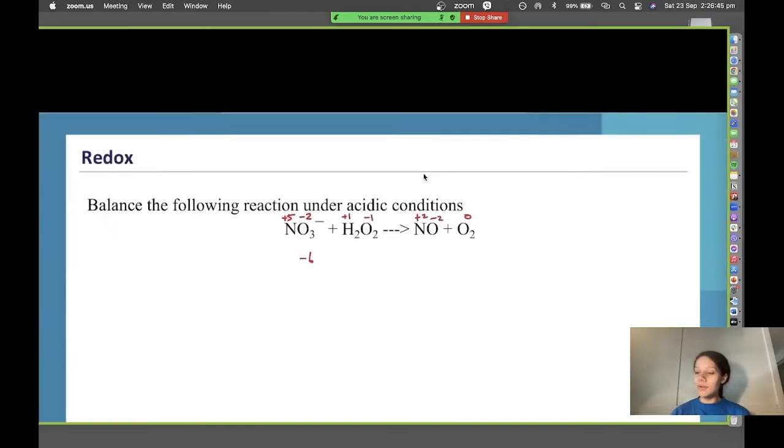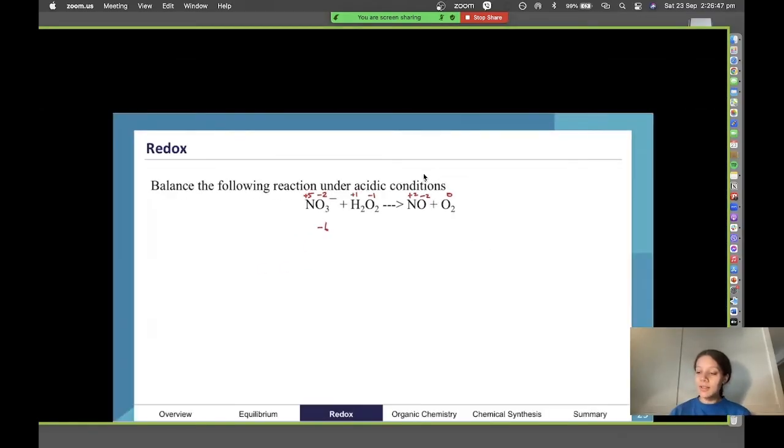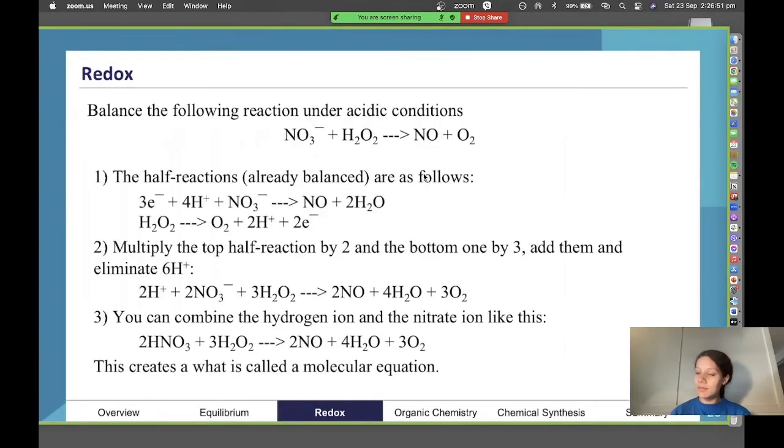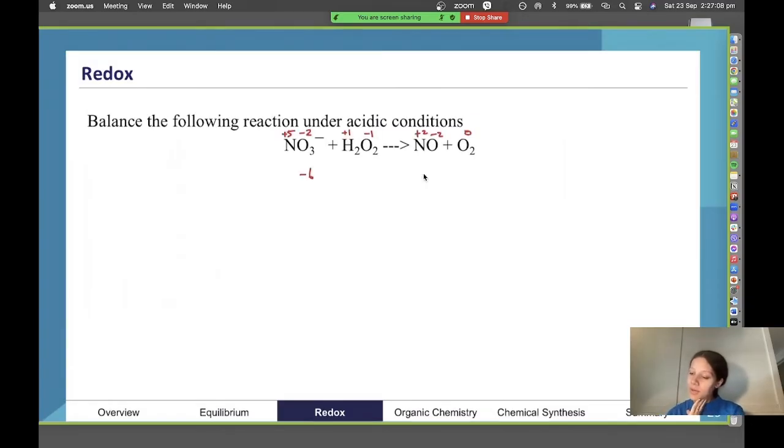But yes, we'll have a look now at the half reactions and how they balance out. So the half reactions, when they've already been balanced, are below. So we have the NO3 minus, I'll just highlight it for us, reducing into the NO. So like we saw before, it went from +5 to +2 for the nitrogen.